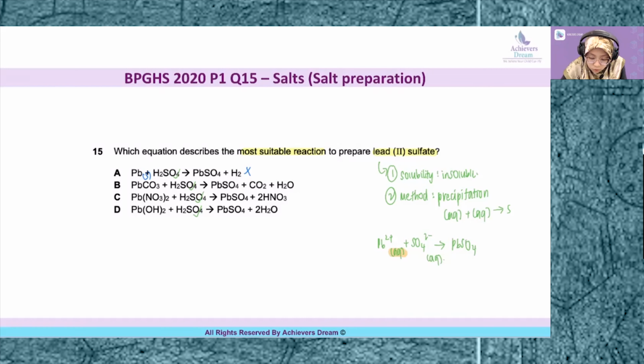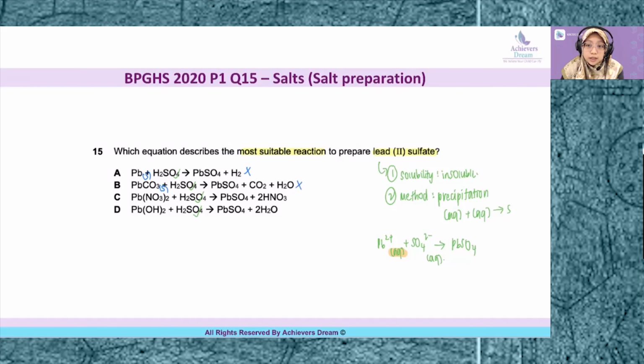Looking at option B, lead(II) carbonate: all carbonates are insoluble except for group 1 carbonates and ammonium carbonate. So lead(II) carbonate is also an insoluble solid, hence its state symbol is s, and it should not be used to prepare lead(II) sulfate.